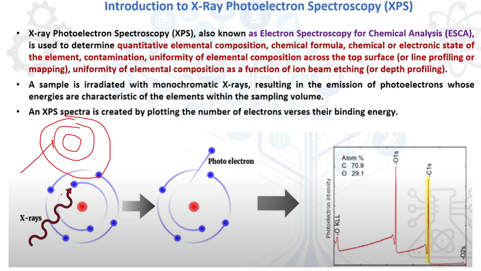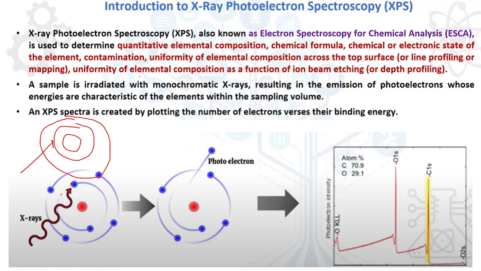Why? Because binding energy for every atom is an inherent property. It is fixed for each different atom. If you consider the carbon 1s electron binding energy, the 1s electron binding energy for carbon, oxygen, and nitrogen will be different.